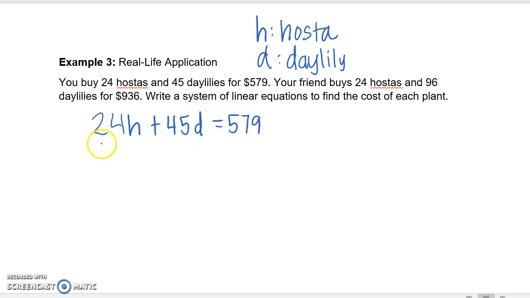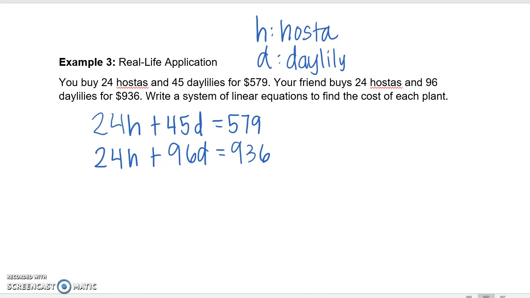The other equation is 24 hostas plus 96 daylilies for $936. Now, if you notice, our hostas are the same number, so we can multiply the first equation by -1 or the second equation by -1 and get opposite values.